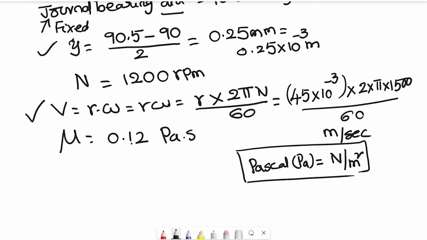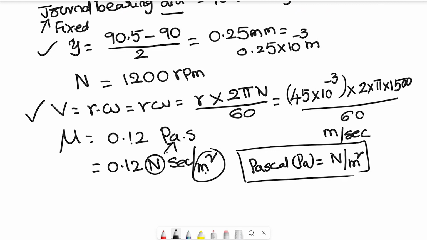So it is 0.12 Newton second per meter square, where Newton per meter square is nothing but Pascal, into second. So mu is straight away given. Is there any other thing given in this? I don't think anything else is given.